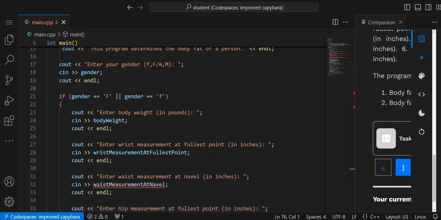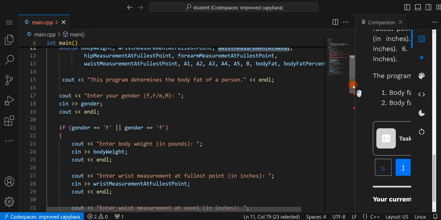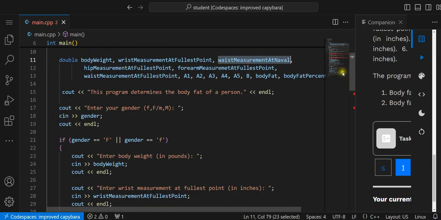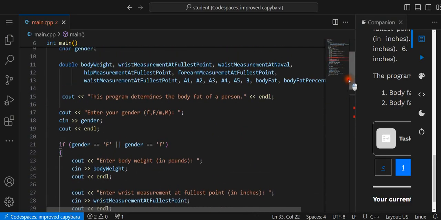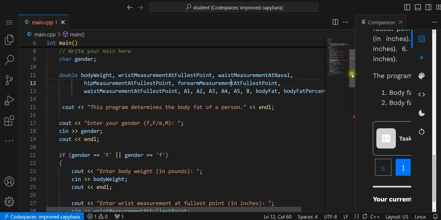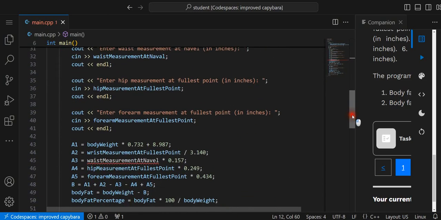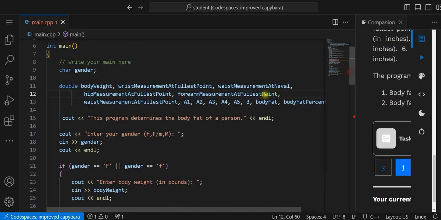Let me get a closer look. All right, I'm just going to copy and paste this from where it was. It cleared up, so I guess I did spell it out. Do the same thing for forearm measurement. Yeah, that's right, I spelled that one wrong. So that way it cleared that up. Waist measurement at navel again. I don't see what I did. Must have spelled it wrong here.